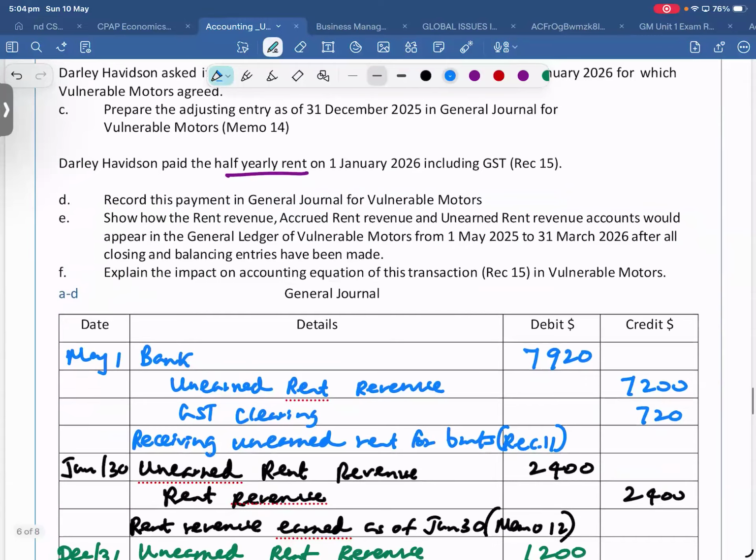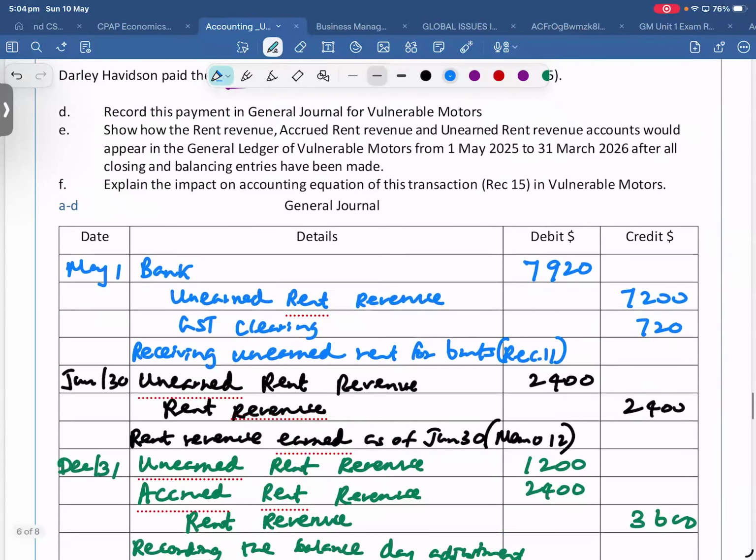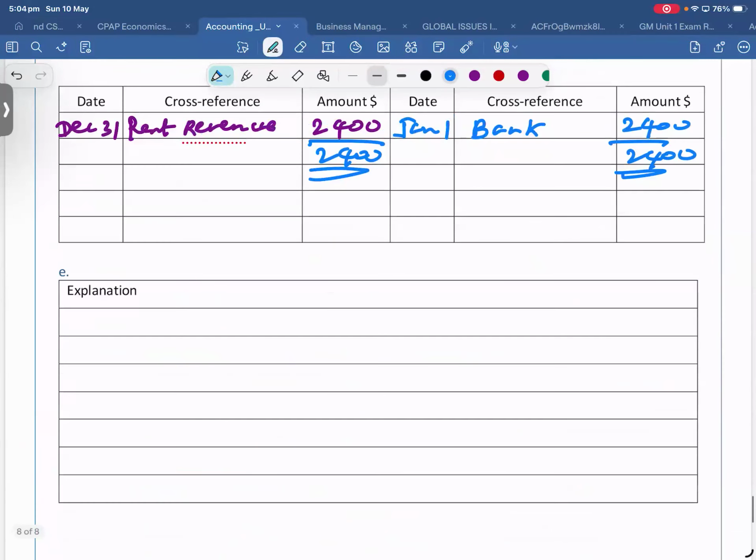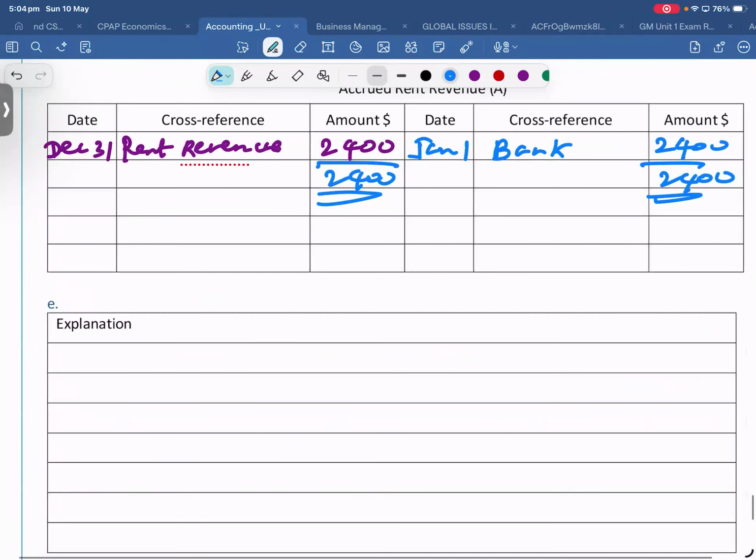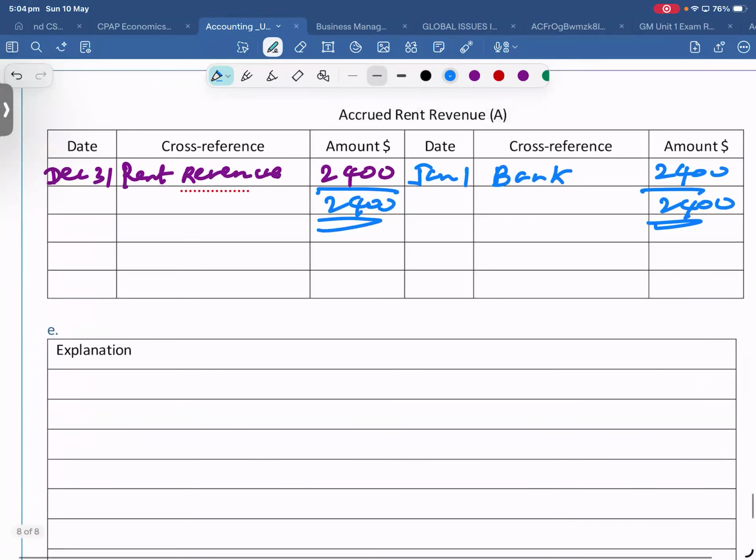So in the landlord, what happens? Assets increased by 5,520.